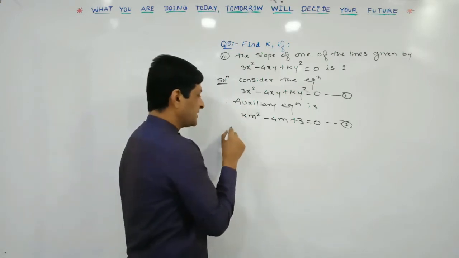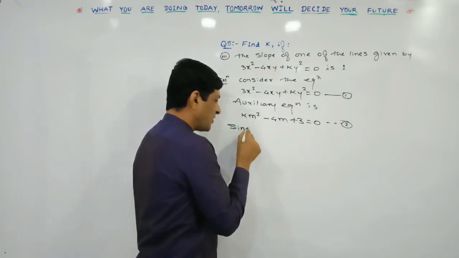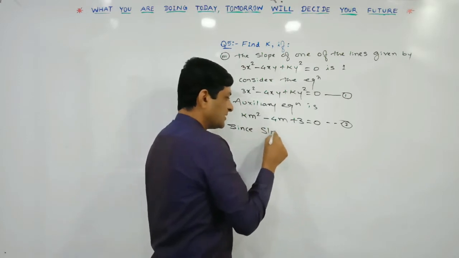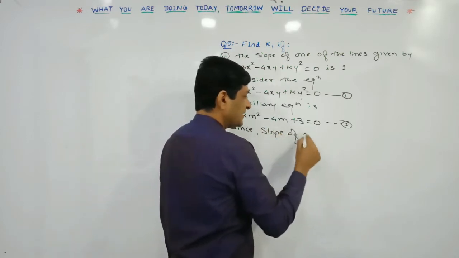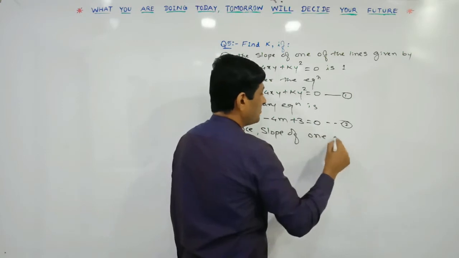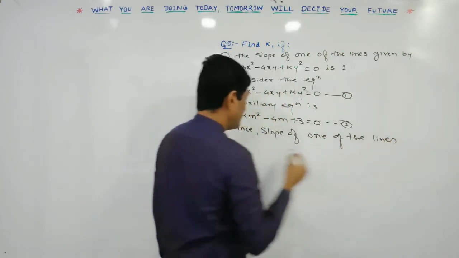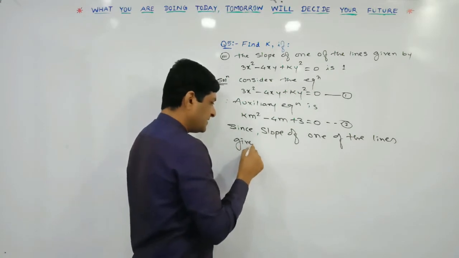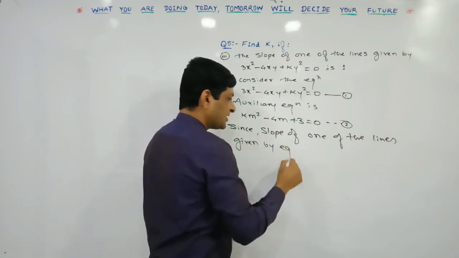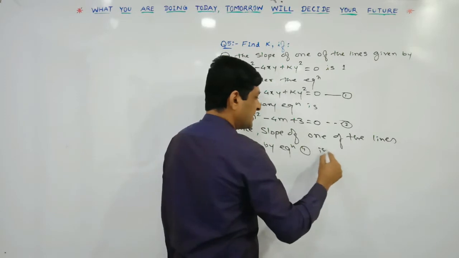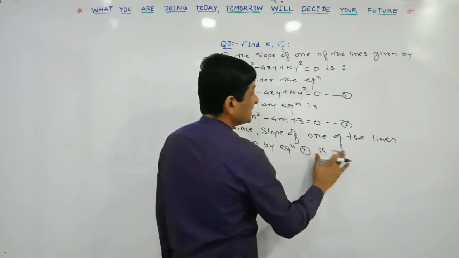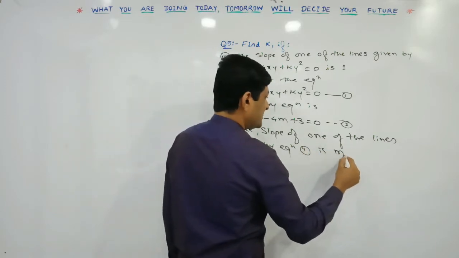Now use the given condition. Since the slope of one of the lines given by equation first is m, so m is equal to 1.